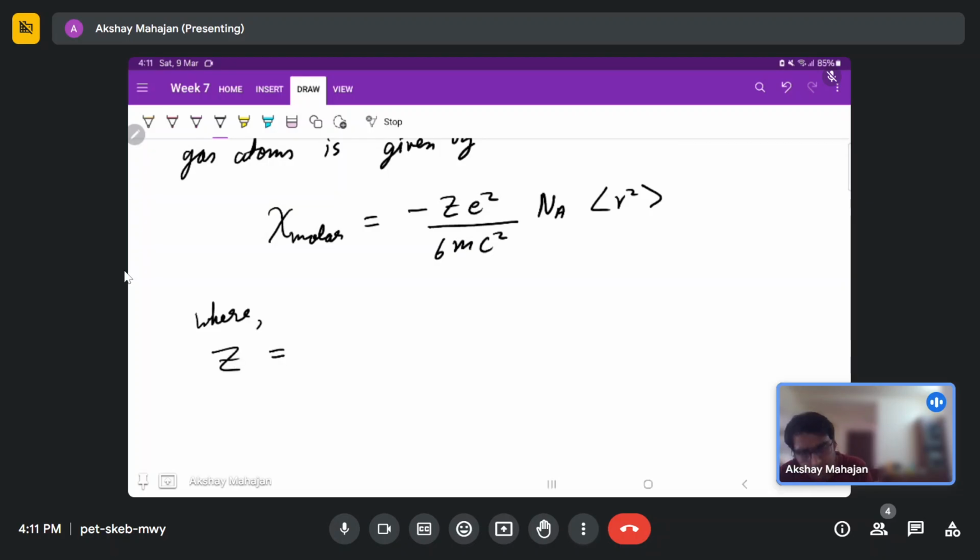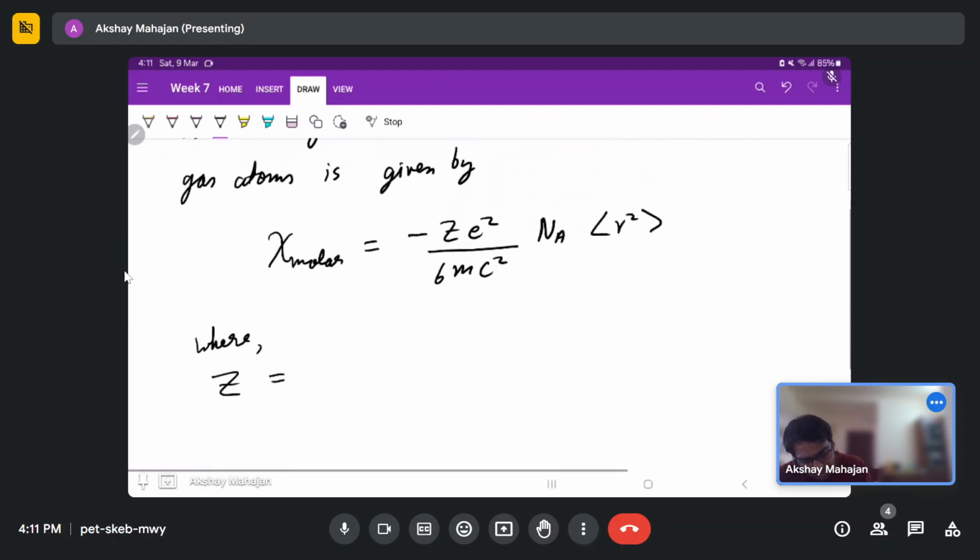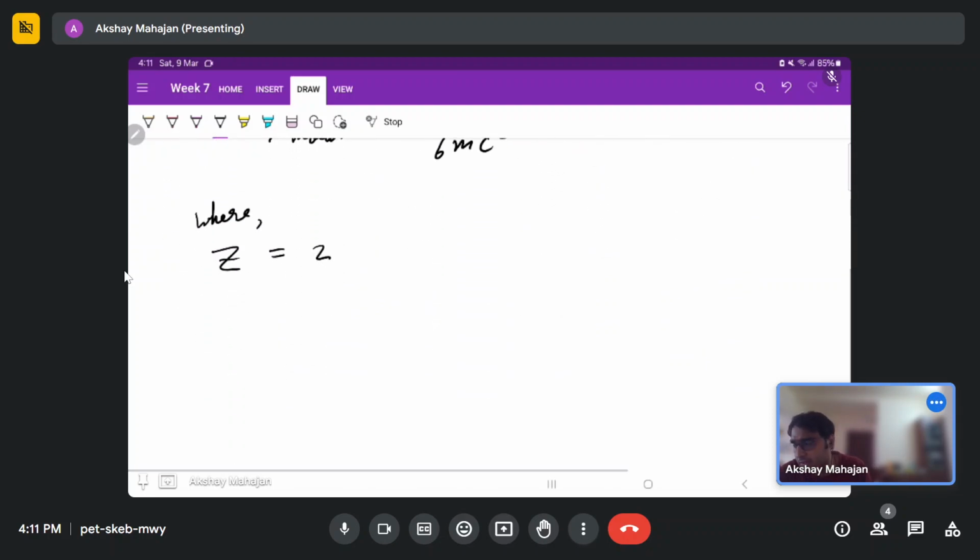Here we are talking about helium, our noble gas, so Z is going to be 2. This is the atomic number.